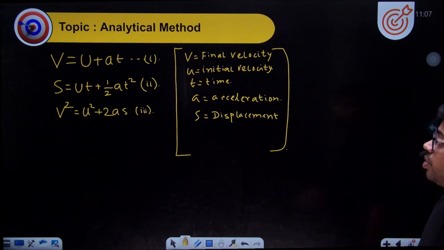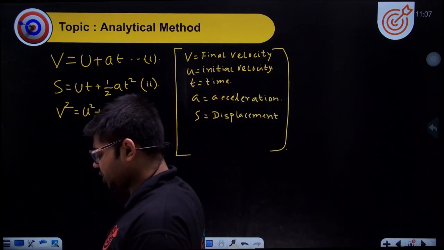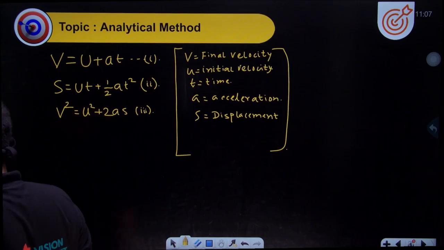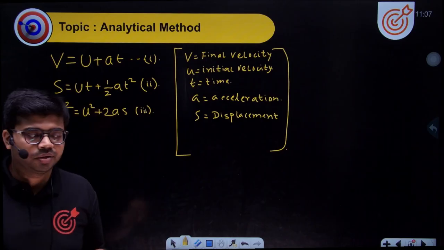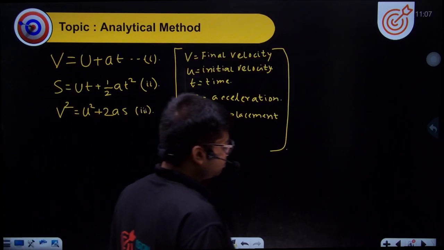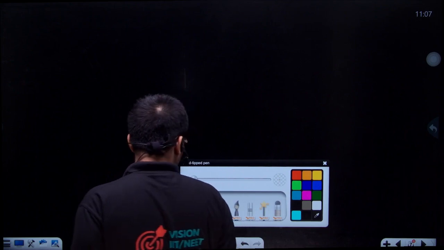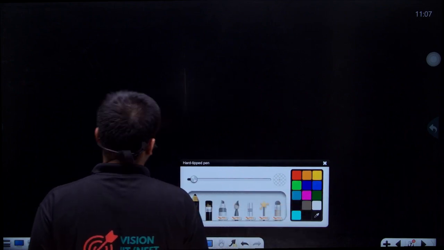Now we are going to see the derivations of these equations of motion. First, let me think about the first equation.